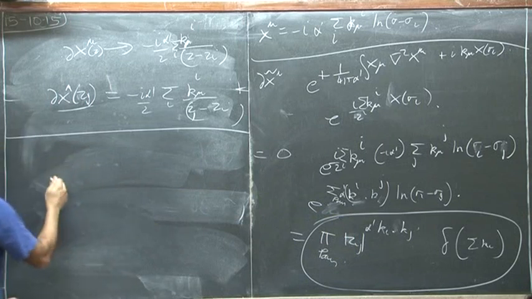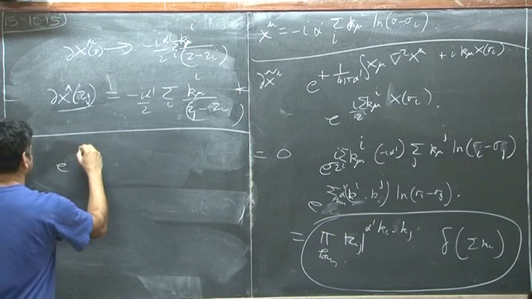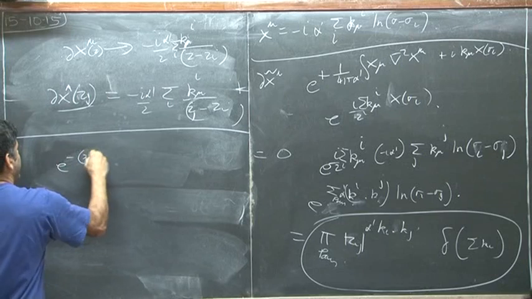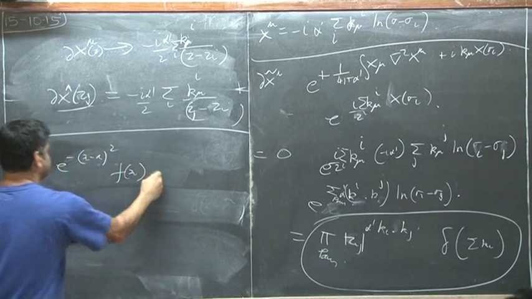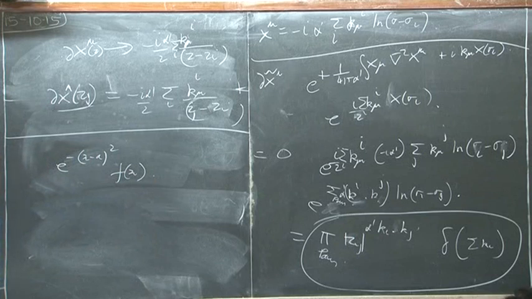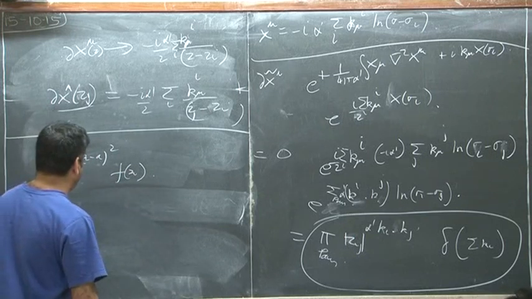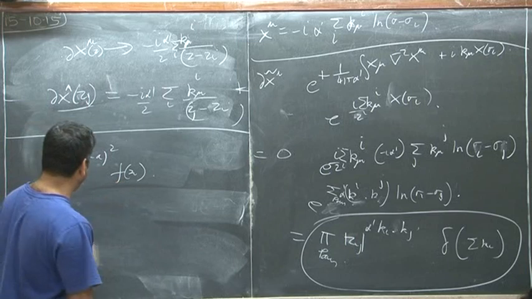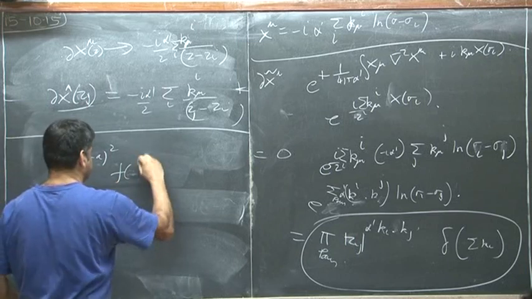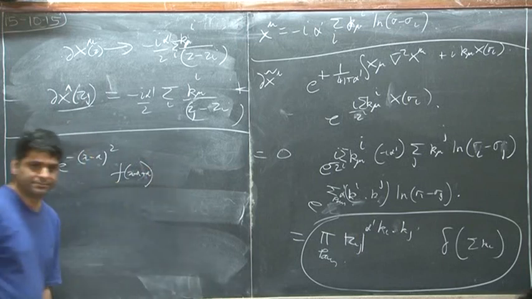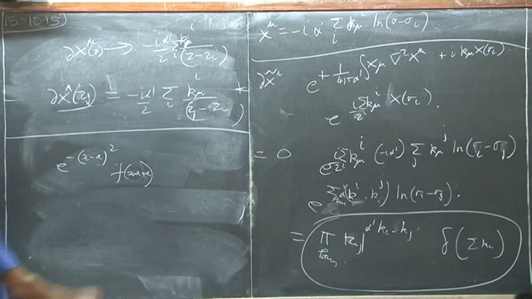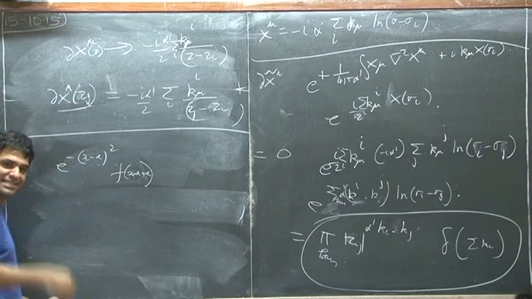You remember last time we analyzed this simple e to the power minus x minus a all squared, and then we had some f of x. Okay. And then what we said was that, well, let's write this as f of x minus a plus a. Then we will change variables. x minus a is some x prime.